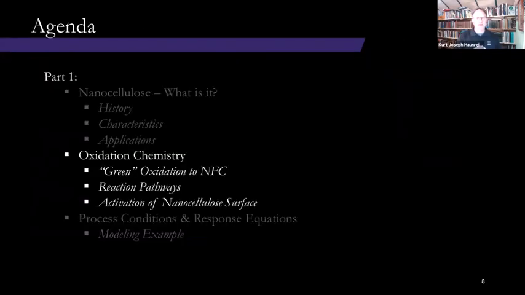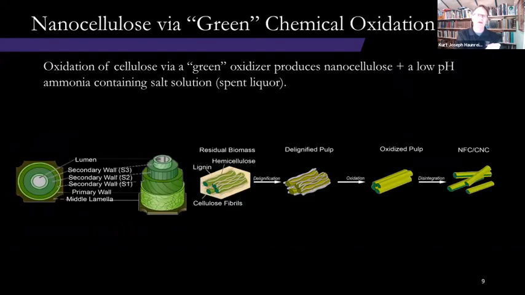Okay, so let's talk about oxidation chemistry, what makes it green, and specifically the chemistry that you guys are going to be using in the lab. If you look at what you're doing this week, you're going to pulp up your fibers, you're delignifying that fiber, right?